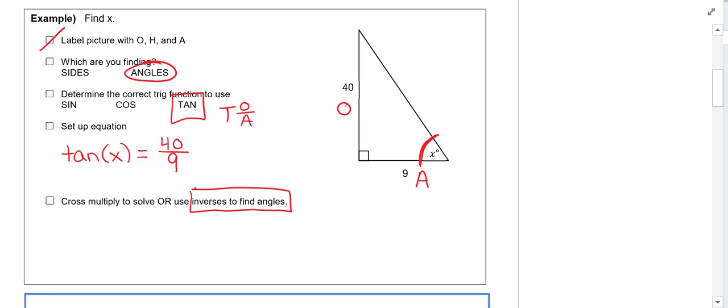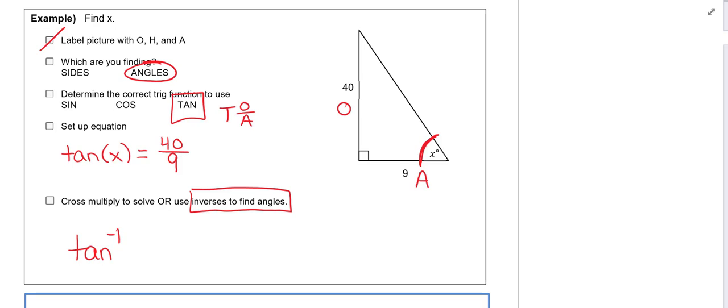So just like division is the inverse of multiplication, they undo each other. We have inverses for our trig functions, sine, cosine, and tangent, that undo each other. So it's very simple. The inverse of tangent is called inverse tangent, and we write it like this: tangent to the negative first power.